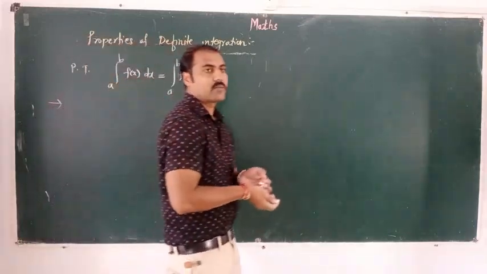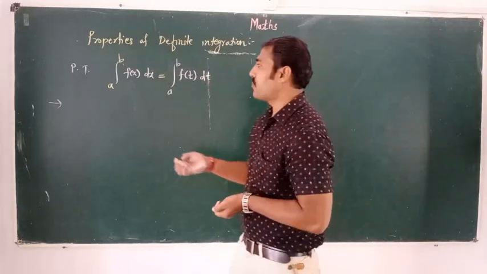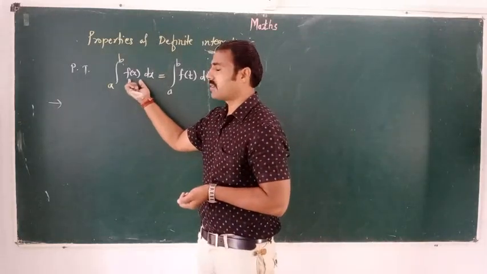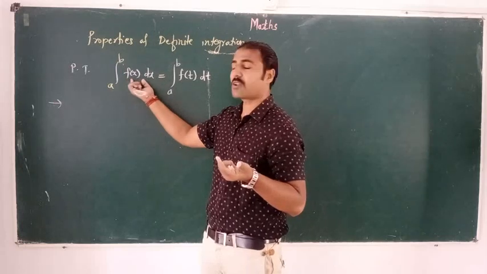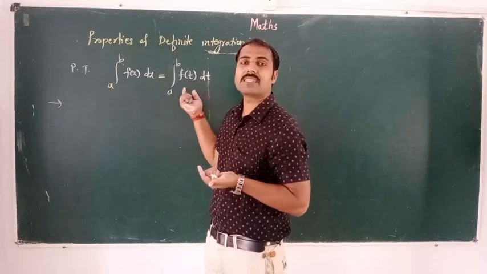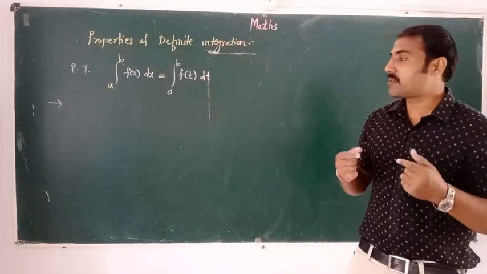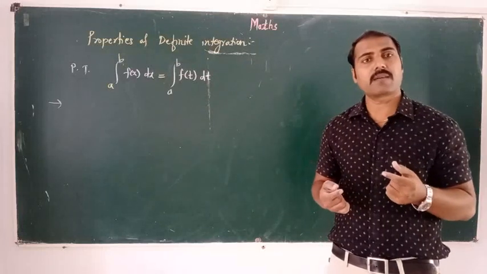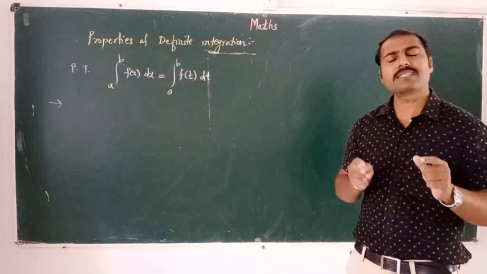Integral a to b f of t dt means here the variable of integration is x, and here the variable of integration is t. In definite integration, if we replace any variable by another variable, then the value of the integration is same.